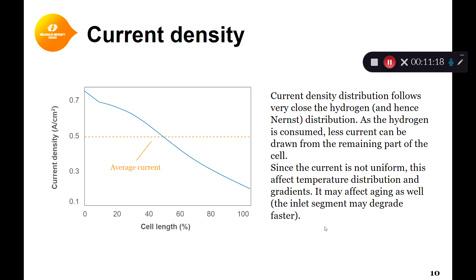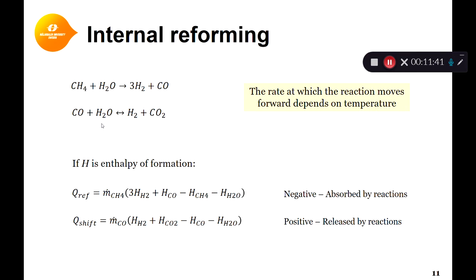Also in this case, it is important to use a one-dimensional model if we want to analyze the localized value of current, because in the inlet of the cell, the current density may be quite high. So it's also important information if we want to analyze the lifetime of the cell or things like that.